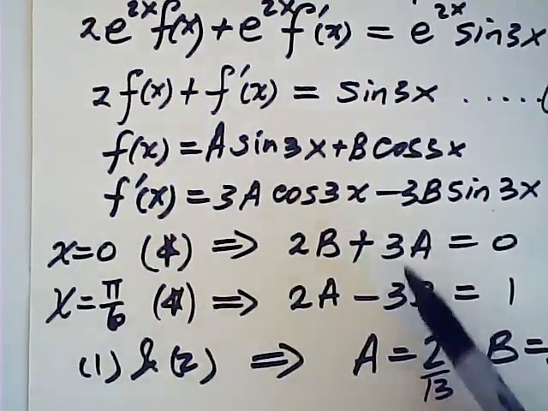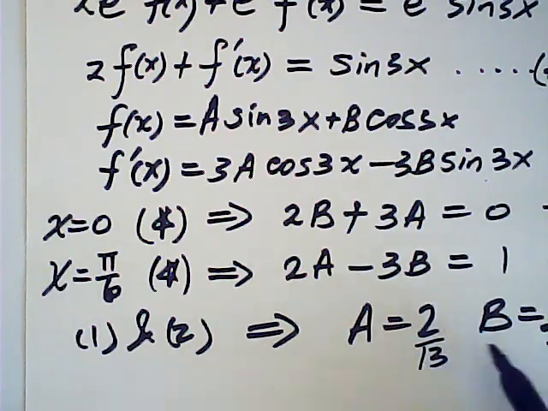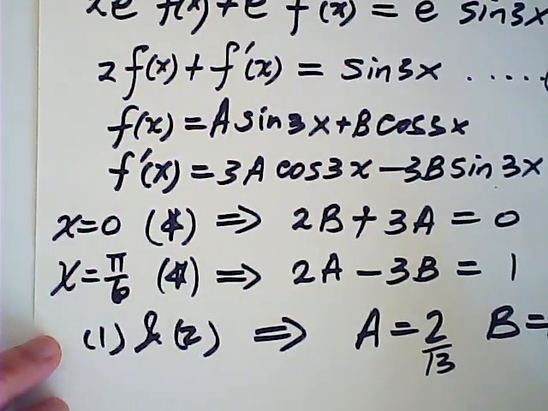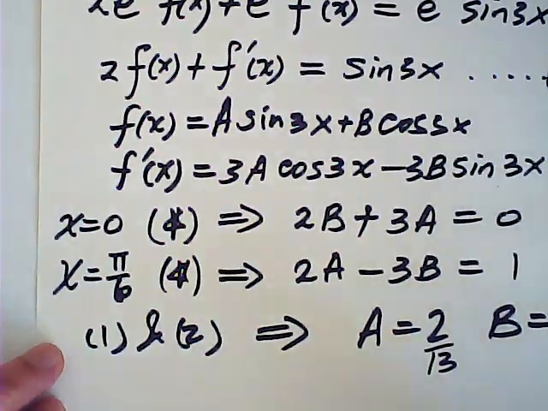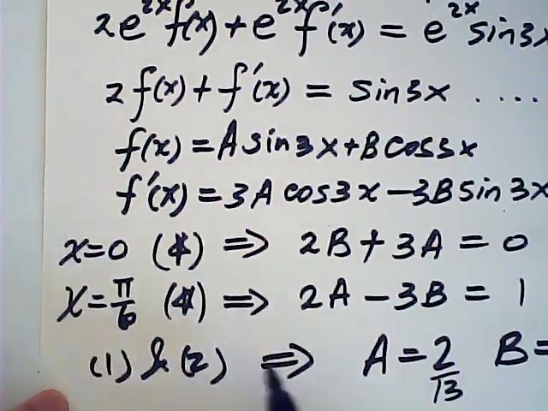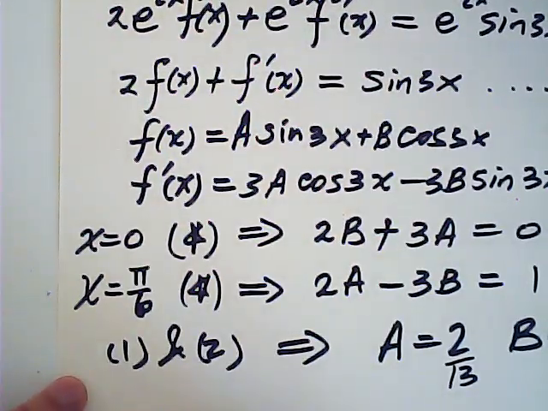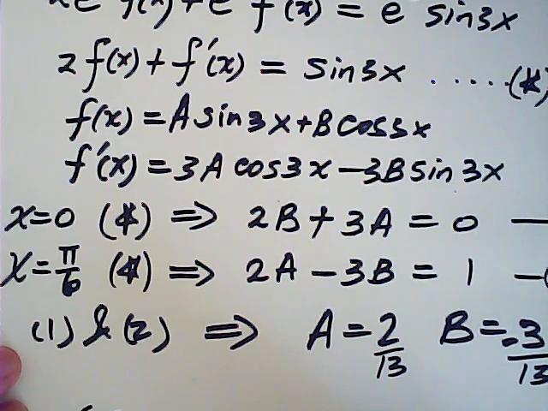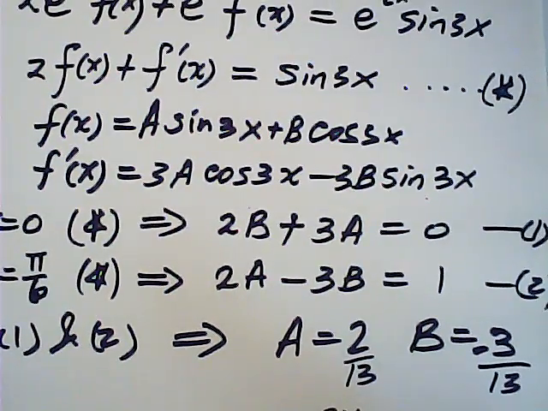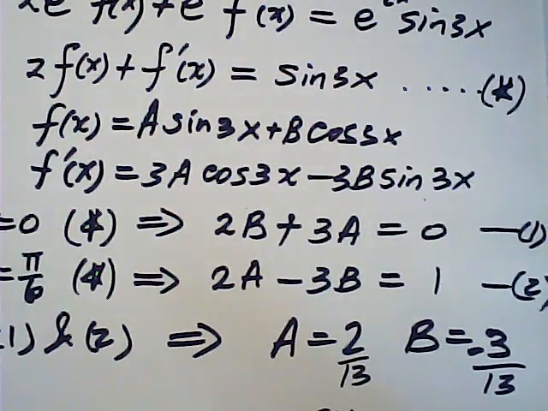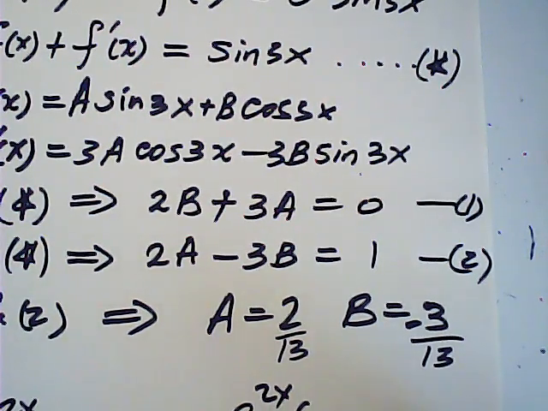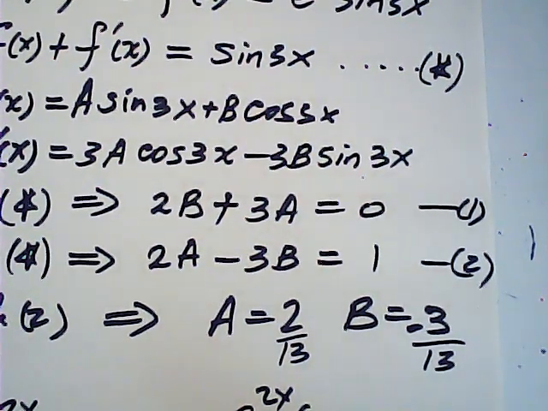I think you can easily get this answer by solving these simultaneous equations, right? Then we plug back, we find the integral of e to the 2x sine 3x dx is equal to e to the 2x over 13 times 2 sine 3x minus 3 cosine 3x plus c.